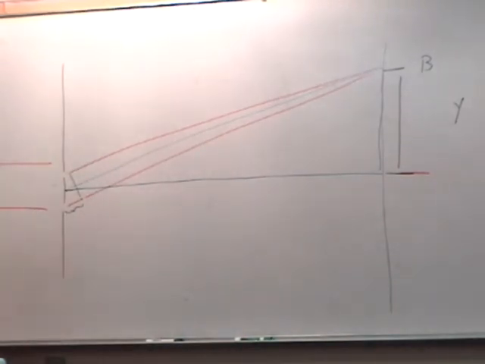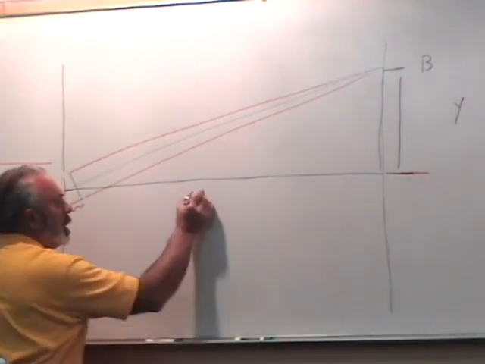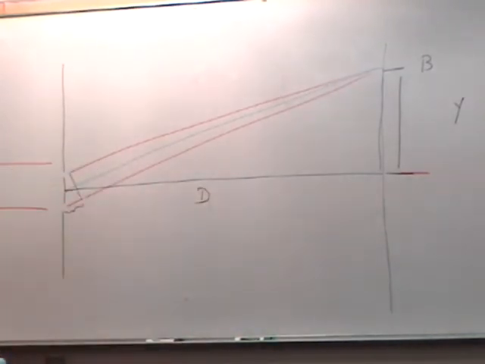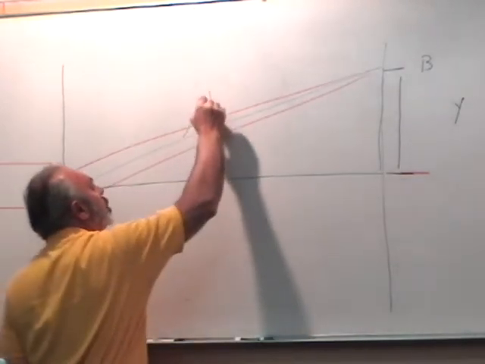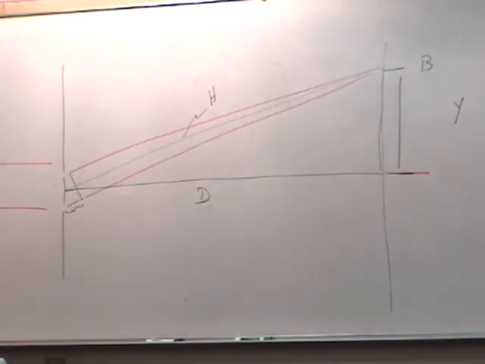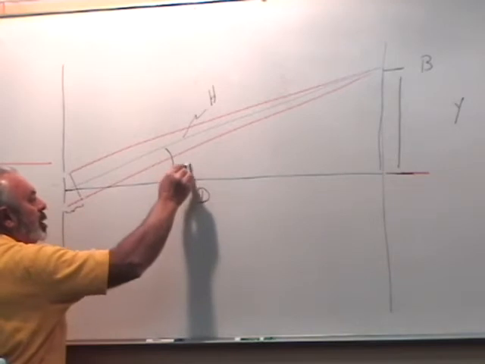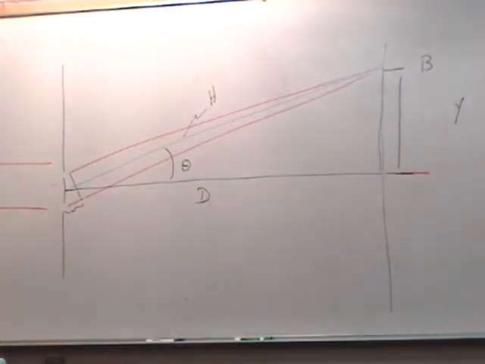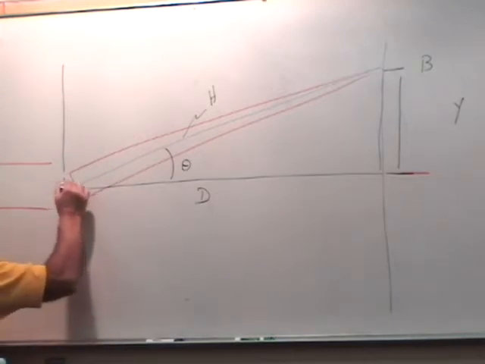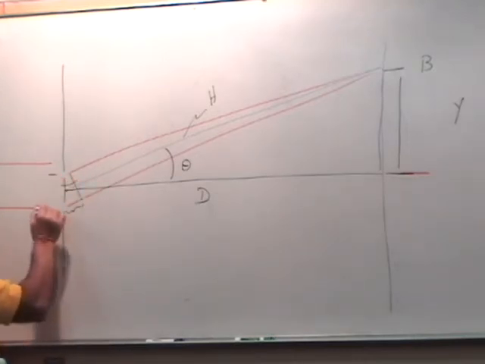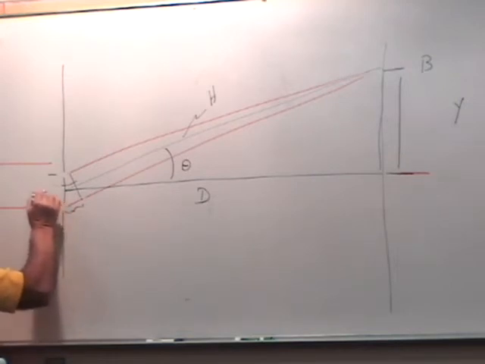I'll call that Y. Call this large distance from the double slit over to the screen, call that capital D like this. And perhaps call this one H, the hypotenuse. So I've got this triangle, which is of course described by this particular angle, call it theta. Theta is also described here in this angle right here. Calling this distance from here to here, little d, the distance between the slits.